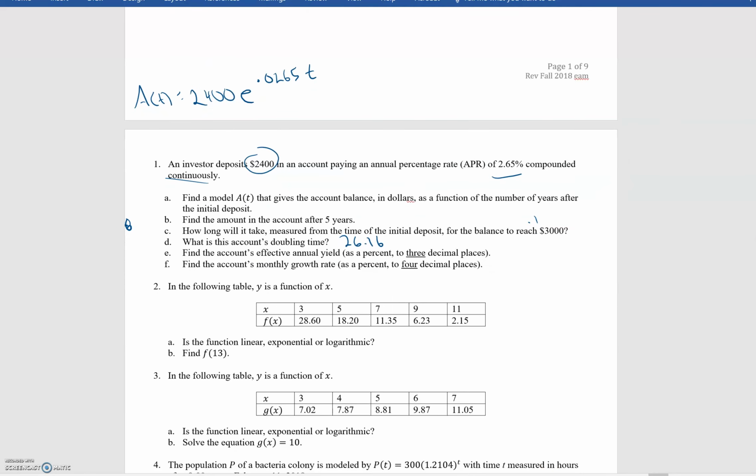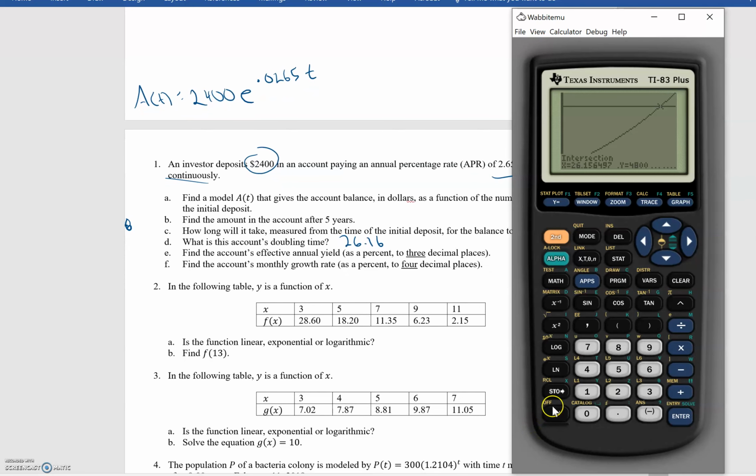So I'm going to pull up e to the x, and then for x I'll put in 0.0265.